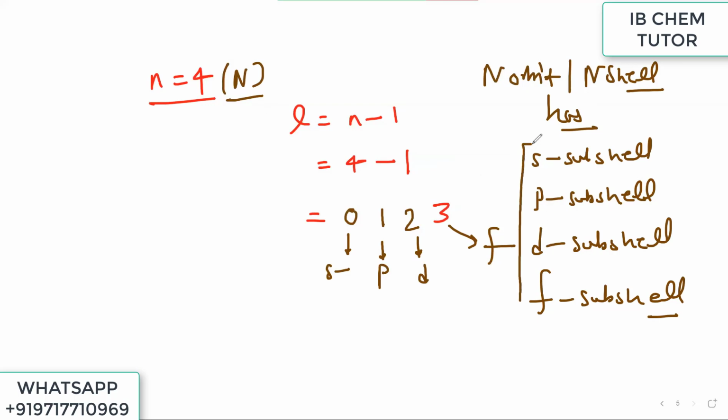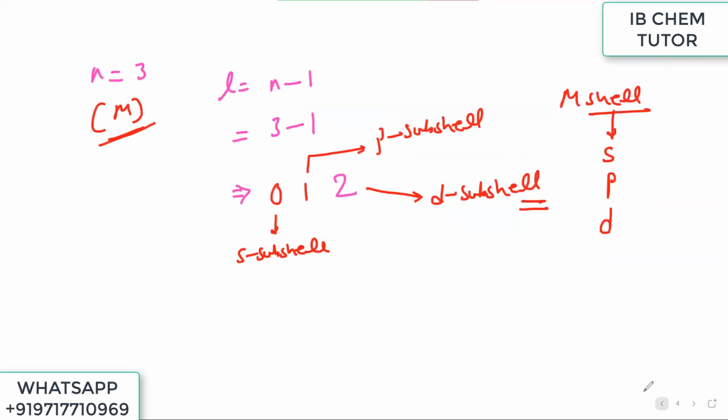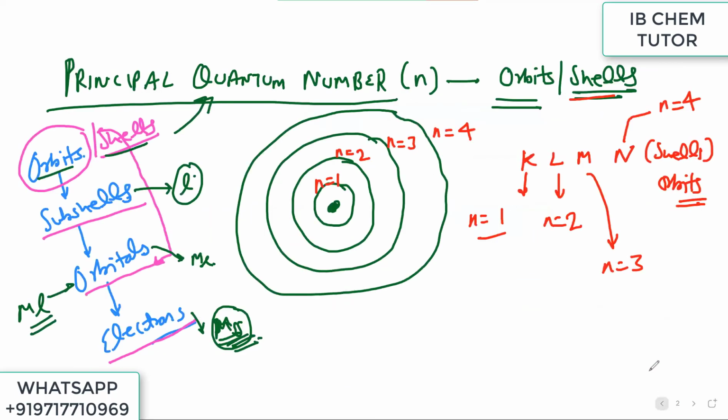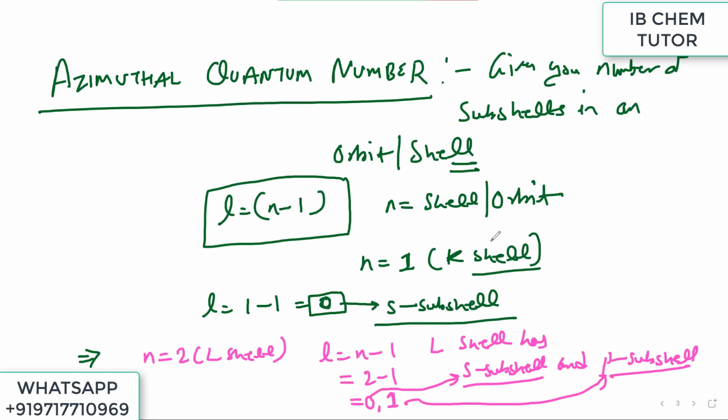Okay, so this is the information we get from the azimuthal quantum number. The first quantum number we studied is the principal quantum number, which gives us the information about the orbit or shell. After this, the second quantum number is the azimuthal quantum number, which gives you the number of subshells in a particular orbit or shell, right?